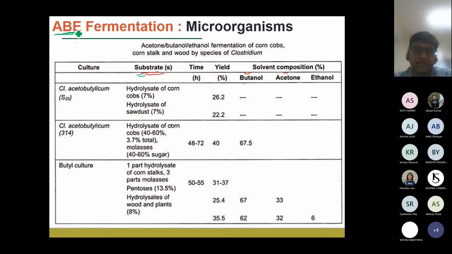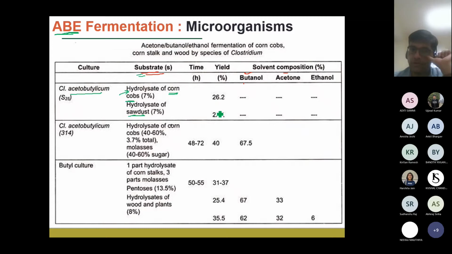So if you see the substrates, they are mostly agricultural sources or agricultural waste. Here we have the hydrolysate of the corn cobs. Then we have the hydrolysate of the sawdust. This is specifically for the acetobutylicum, where the main target is the production of the acetic acid and the butyric acid.